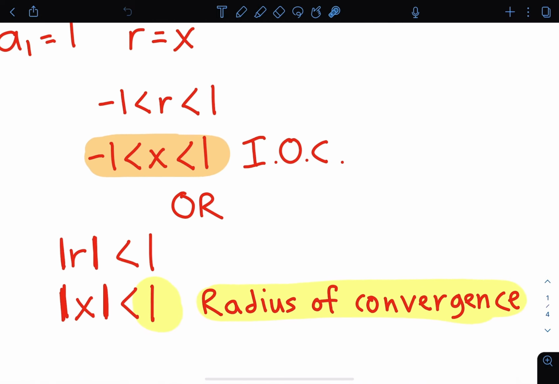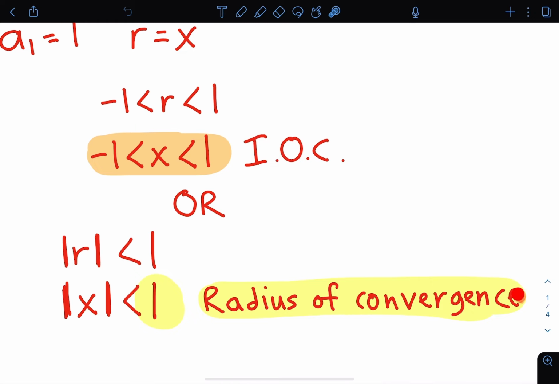And we get another measurement called the radius of convergence. So radius, think of the number line. If I'm at -1 to 1, think of the center of those two numbers on the number line. Well, that would be 0, right? 0 would be in the middle.